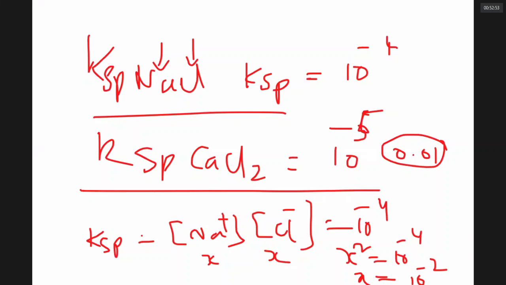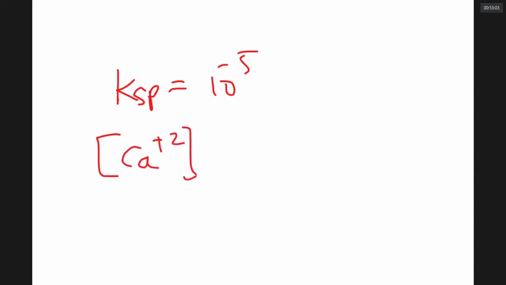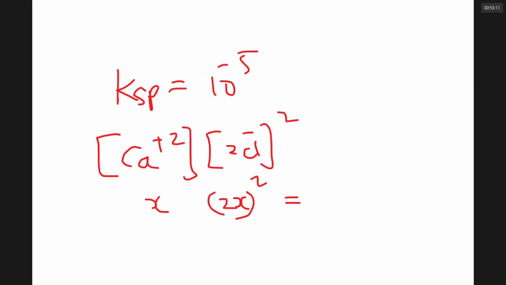Let me look at CaCl2. For CaCl2, the solubility product is equal to 10 to the power minus 5. The solubility product is Ca plus 2 into 2Cl minus whole square. So if solubility is X, it is X into 2X whole square equal to 10 to the power minus 5. 4X cube is equal to 10 to the power minus 5.